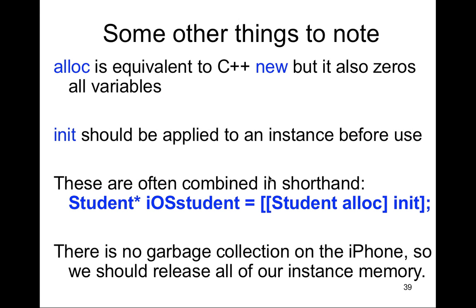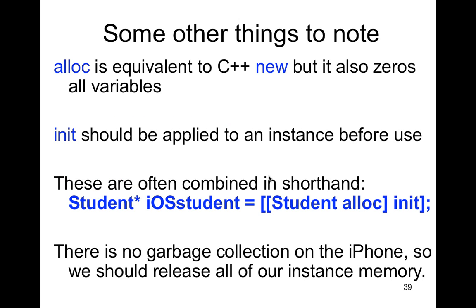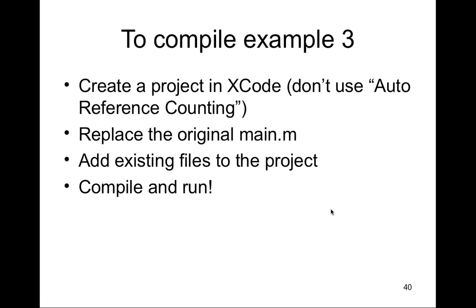There's no example of that on here, but I've shown you some examples already. Alloc and init. We looked at the init concept. It should be applied to an instance before it's being used, and we looked at the syntax for running alloc as a method on the student object and running init on the object that's created from the alloc on the student. So hopefully that's familiar-ish.